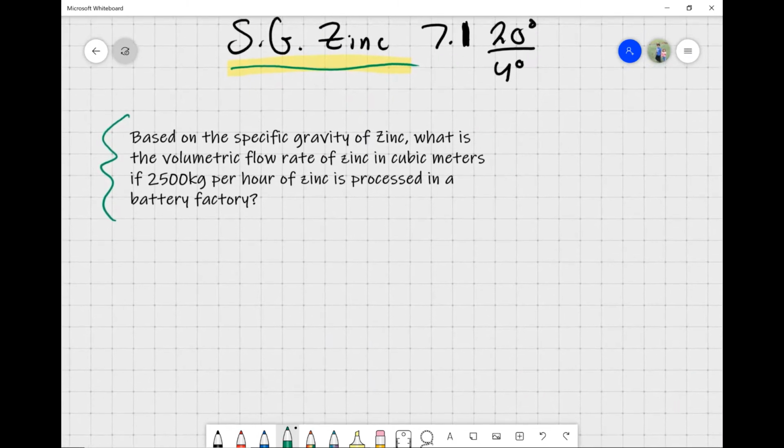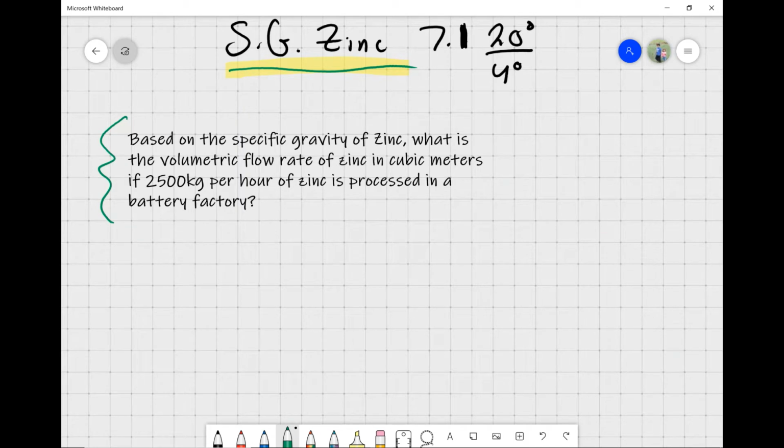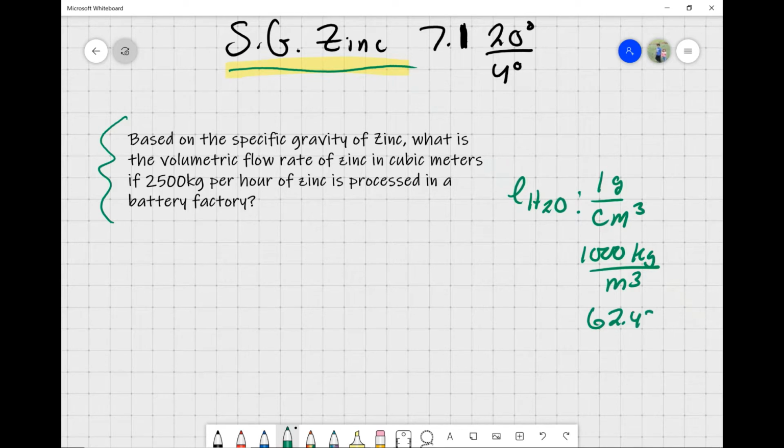And so we were given the density of water on the slide, in different flavors. The density of water is of course 1 gram per centimeter cubed. It's also 1,000 kilograms per meter cubed, and it's also 62.43 pounds mass per cubic foot.